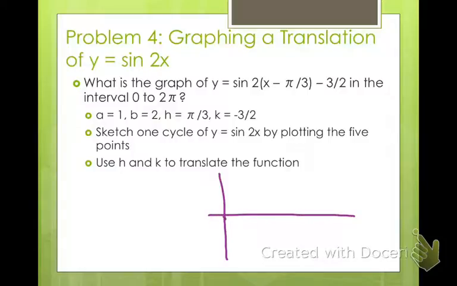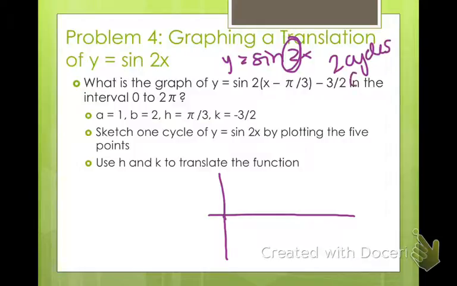So here is 0. And if we look at y equals sine of 2x, A is 1. Since B is 2, that means we complete 2 cycles from 0 to 2 pi.